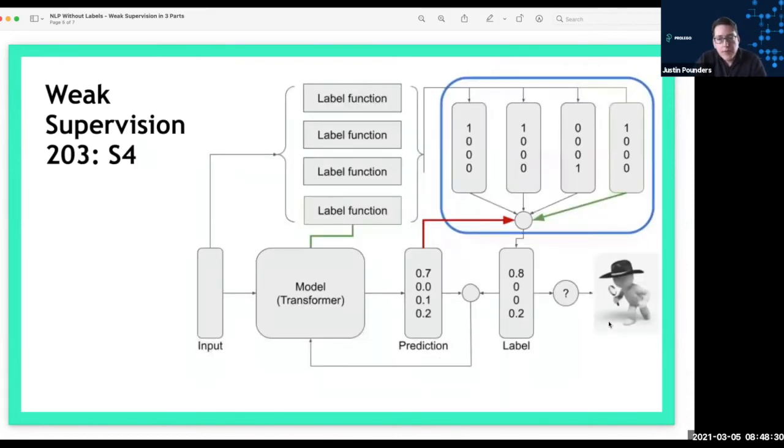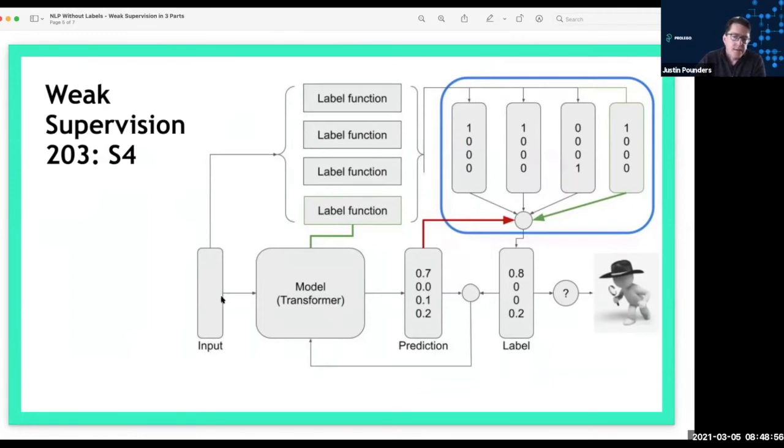So the paper that came out at the end of last year that I'm excited about solves some of these pain points explicitly. It does two things in particular that help shorten that iterative process where we have to go back and forth with the expert to understand how well our model is performing. The first thing it can do is automatically identify new label functions.